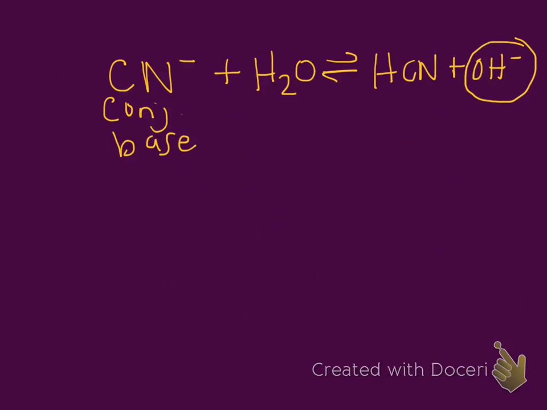The fact that it produces an OH- is what makes it a base, and it will also produce the weak acid. And notice here that this goes both directions because it is a weak conjugate base. All conjugate bases are going to be weak.